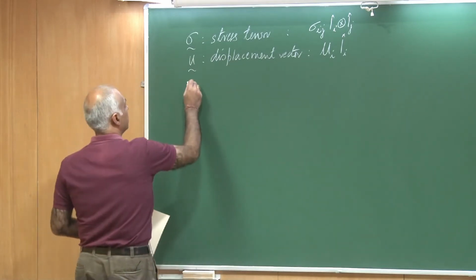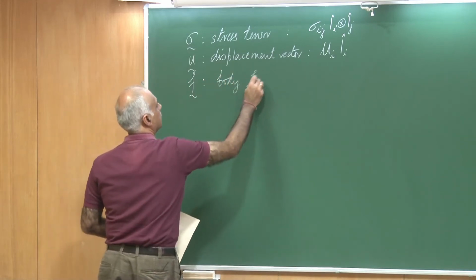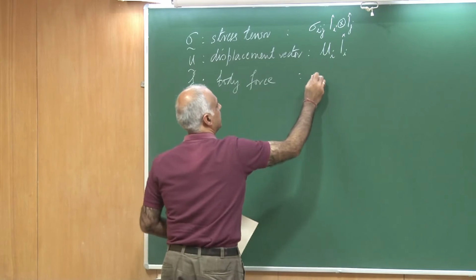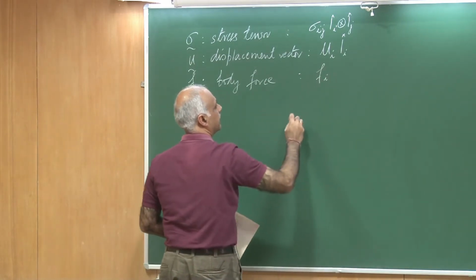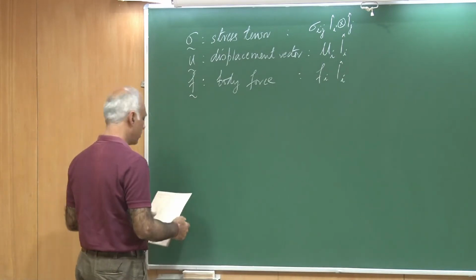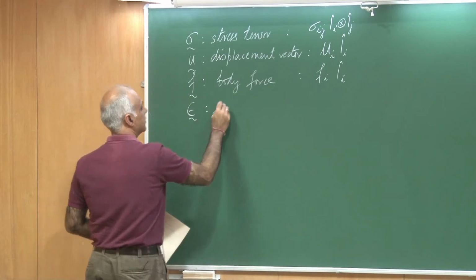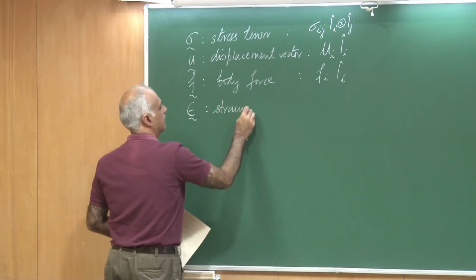Then we have the body force. So, F is the body force, and this of course we can write as components F_i. We can also write down the strain tensor. So, E is the strain tensor.